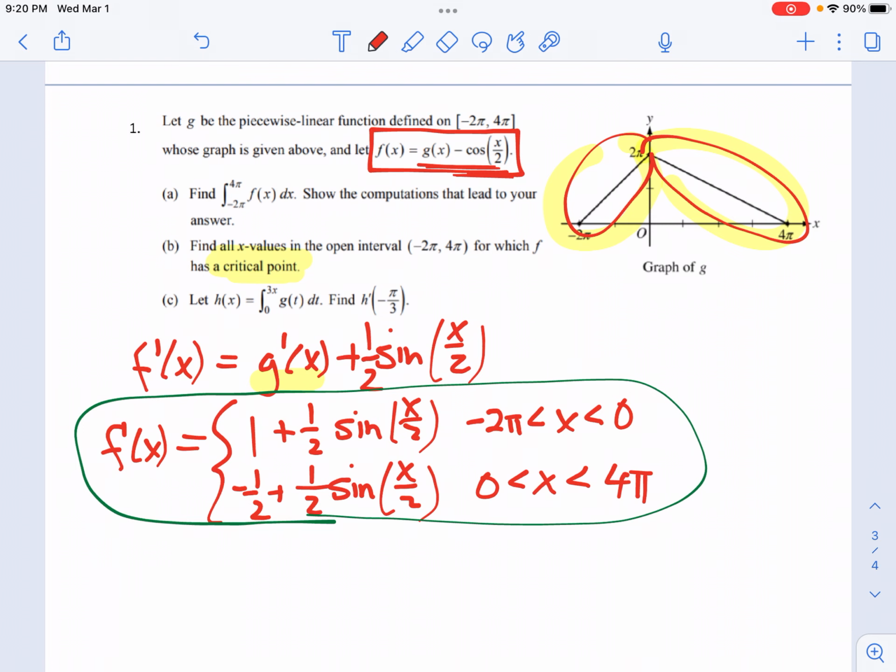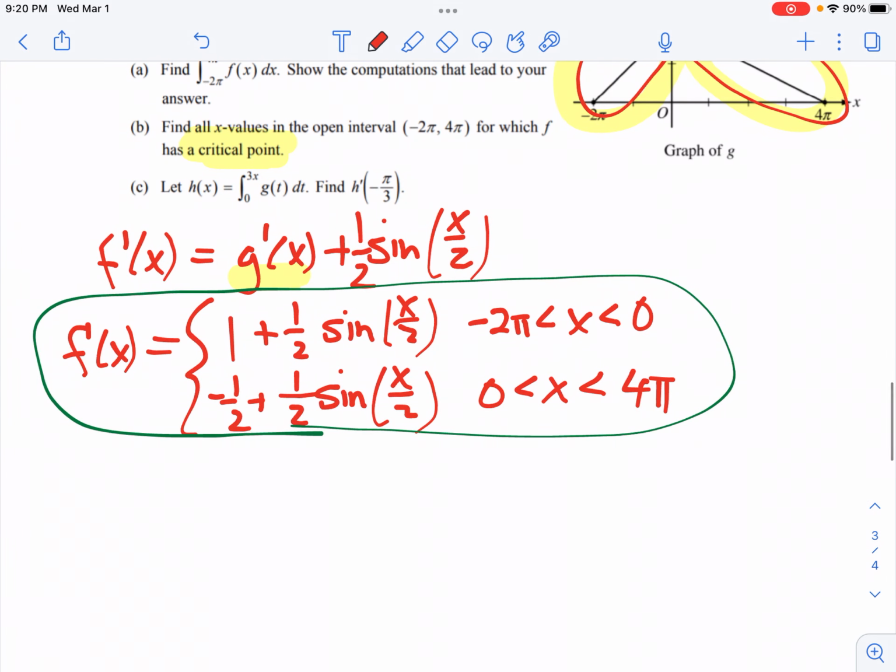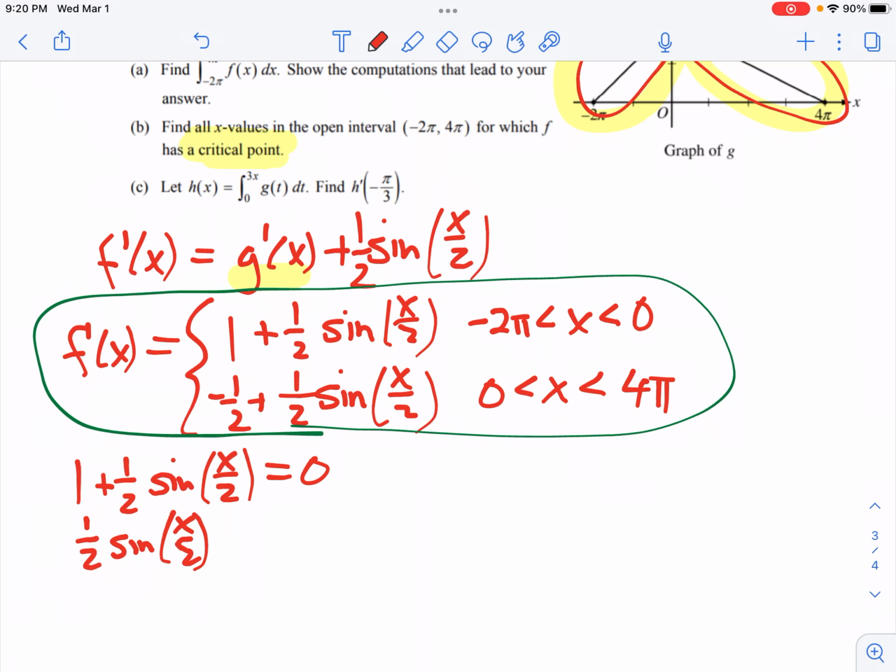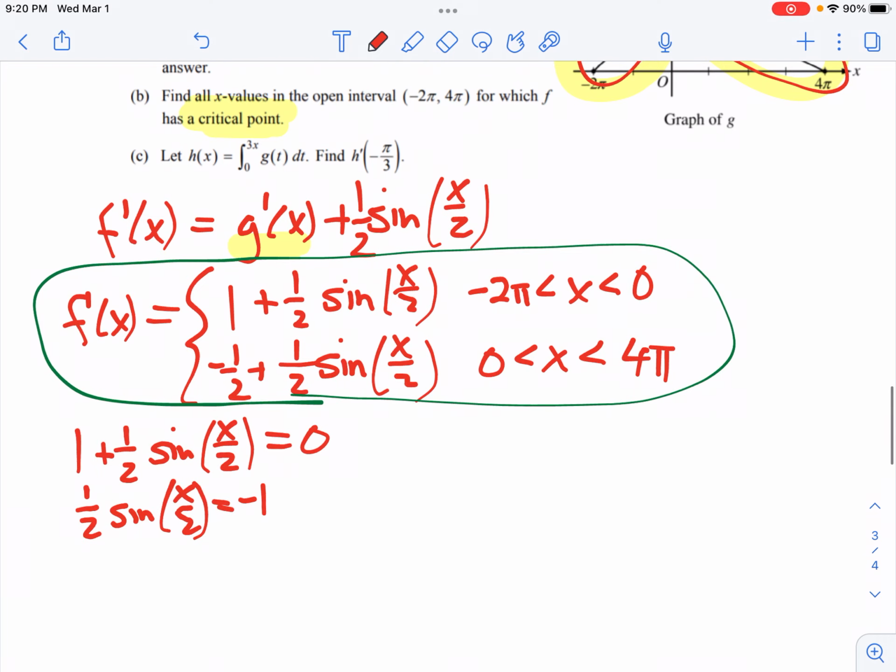And that is where the function has first derivative 0 or undefined. Let's take a look at this first element. 1 plus 1/2 sine x over 2 equals 0. I'm going to unwrap that a little, subtract 1, so that's 1/2 sine x over 2 equals -1. Multiply by 2, also known as divide by 1/2.